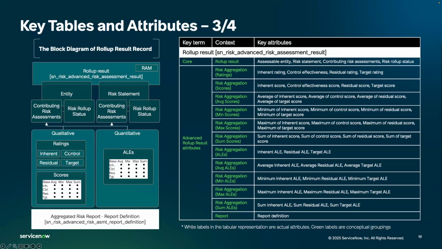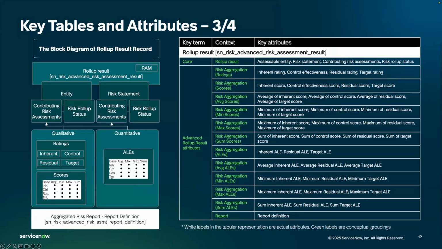Ratings give you the qualitative labels: inherent rating, control effectiveness, residual rating, target rating, whereas scores give you the primary numeric values for each assessment type. Average scores calculate the mean across contributing assessments, useful when you want a balanced view.